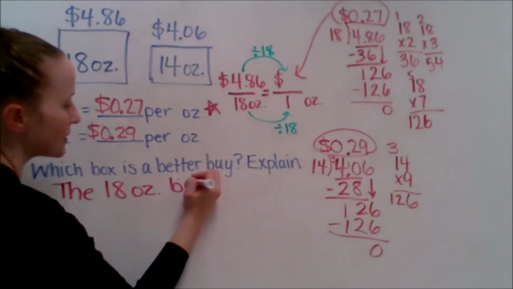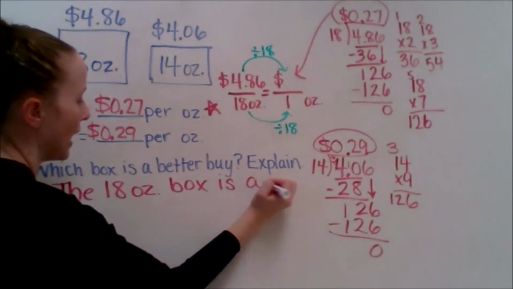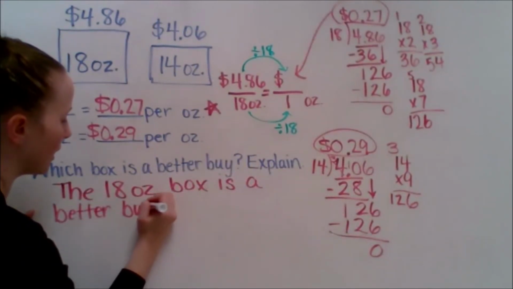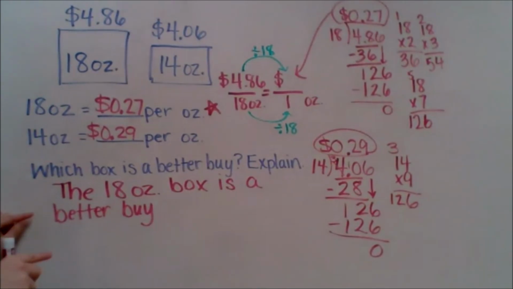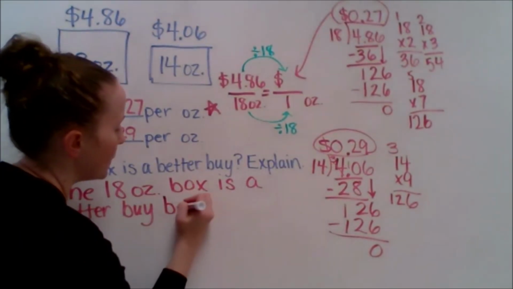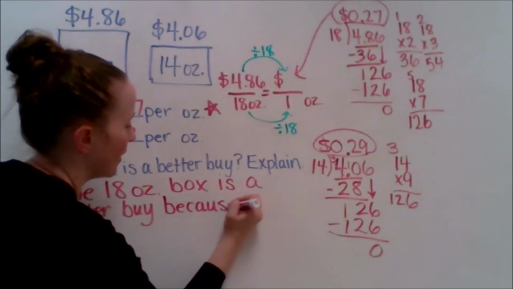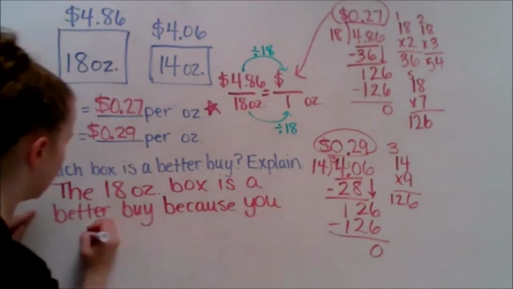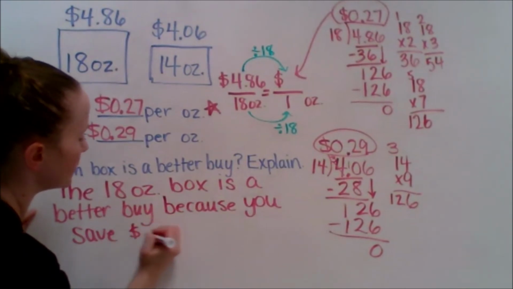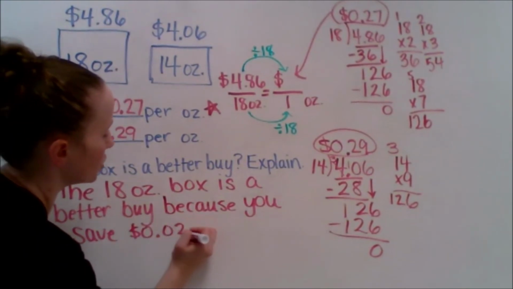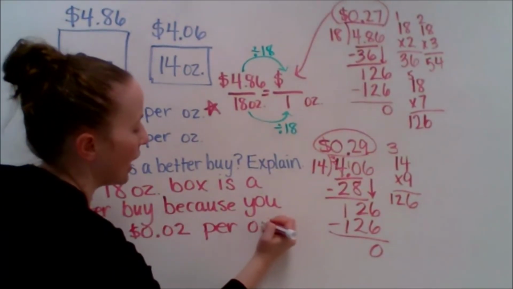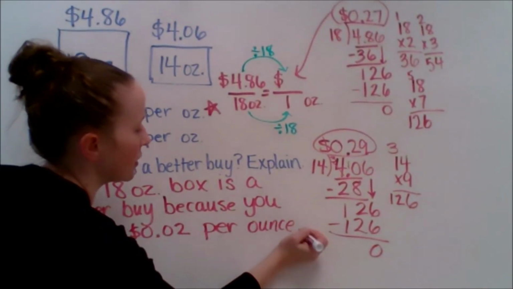The 18-ounce box is a better buy, or you could say a better deal or a better option. The 18-ounce box is a better buy because you save 2 cents, 0.02 dollars, per ounce.